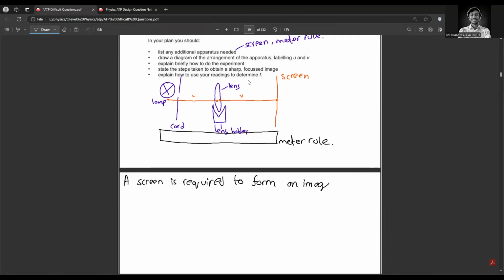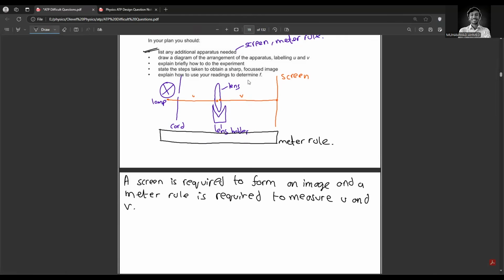Perfect. And a meter rule is required to measure U and V. Simple as that.